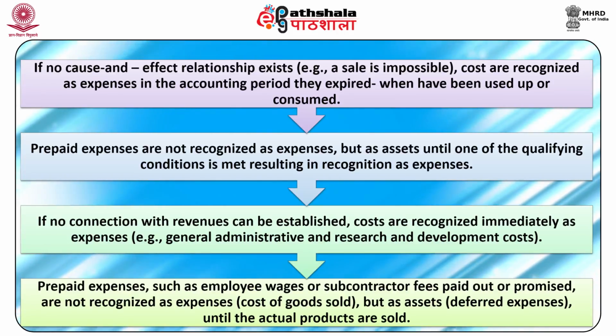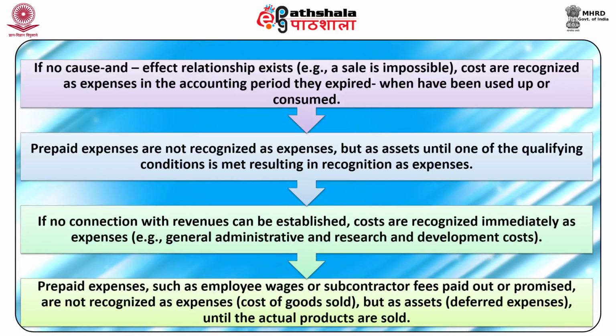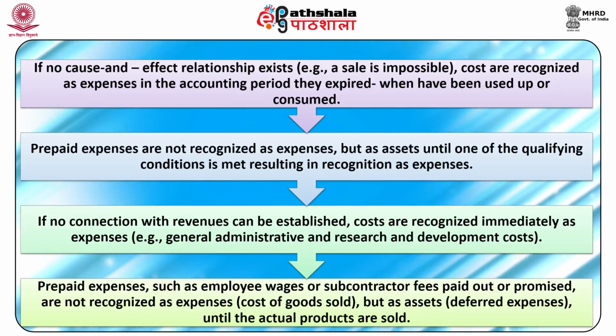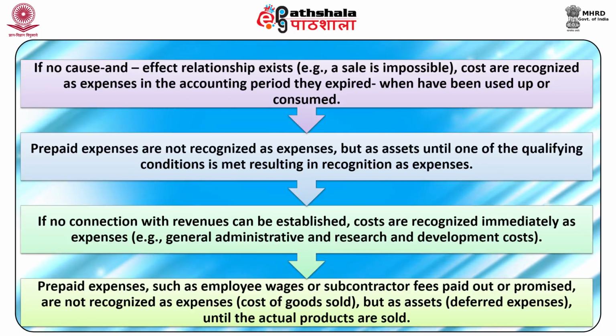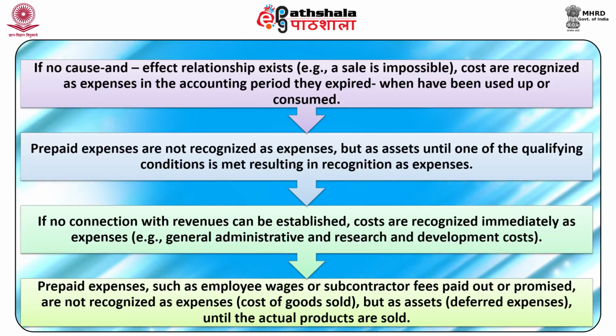For example, general administrative and research and development costs. Next, prepaid expenses such as employee wages or subcontractor fees paid out or promised are not recognized as expenses but as assets until the actual products are sold.